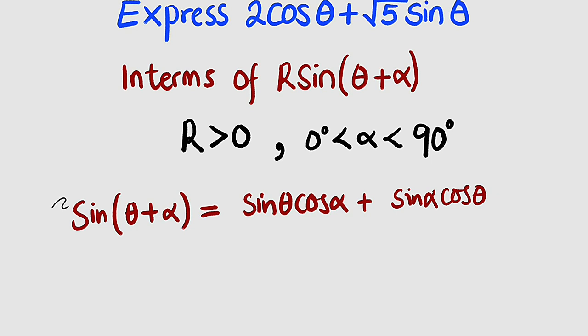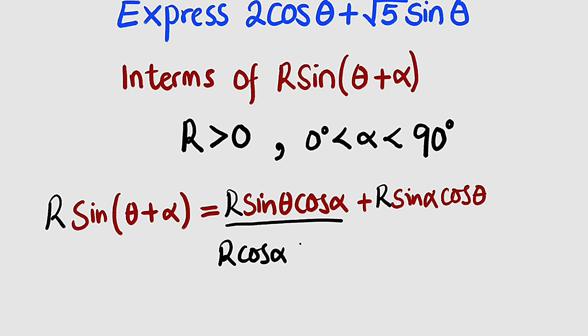But remember, we have r sine of that double angle, so we have to multiply everything by r. We can arrange this so that we have r cosine alpha multiplied by sine theta, and the other term remains the same, r sine alpha cos theta.